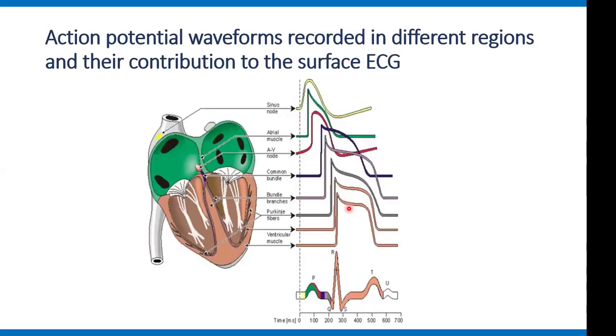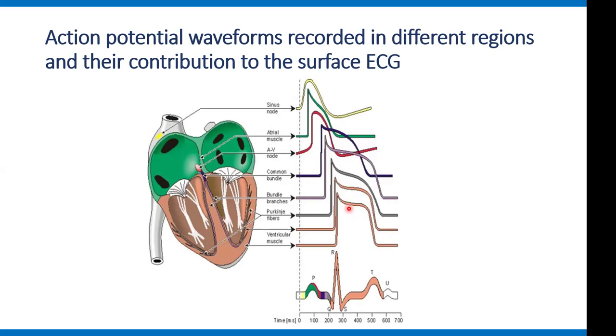Okay, so based on the characteristics of the ion channels involved in the cardiac myocyte, we have a characteristic action potential. The common one that is used in teaching is that of the ventricular muscle or the Purkinje fiber action potential, and that actually has 5 phases.